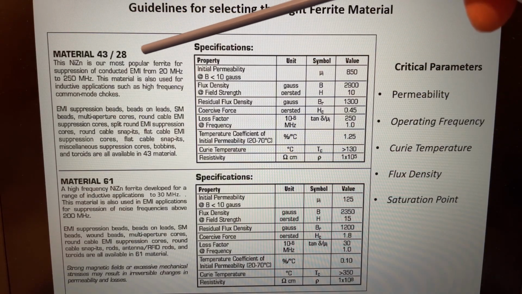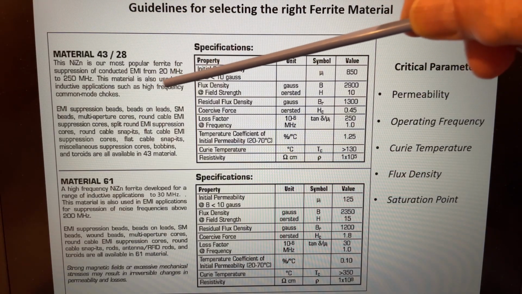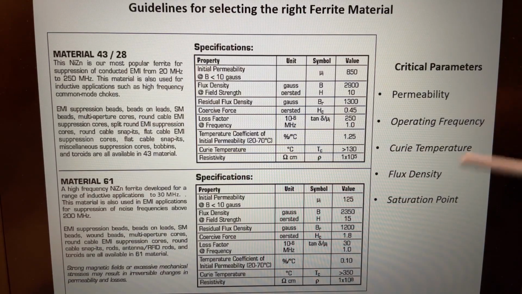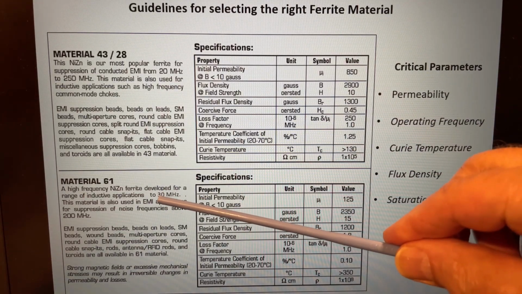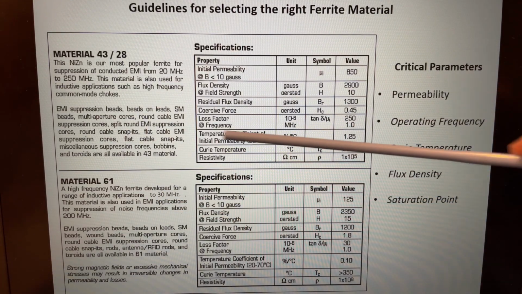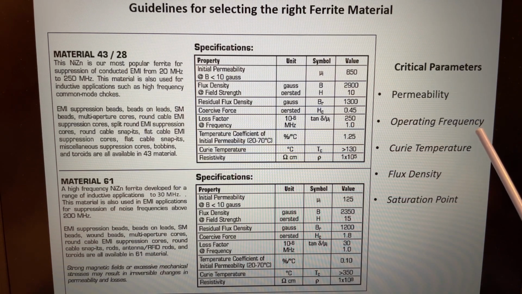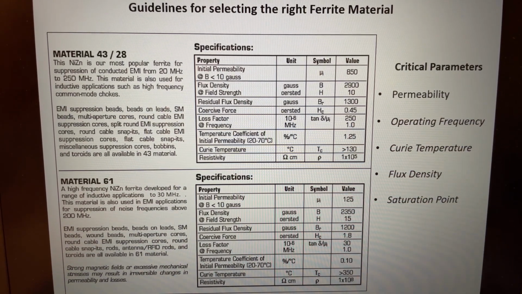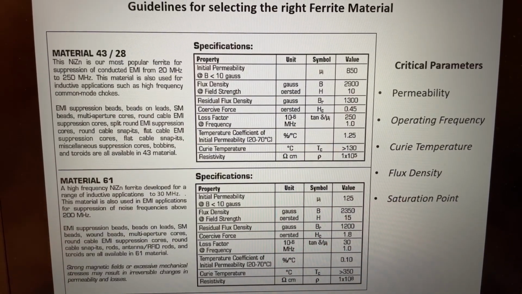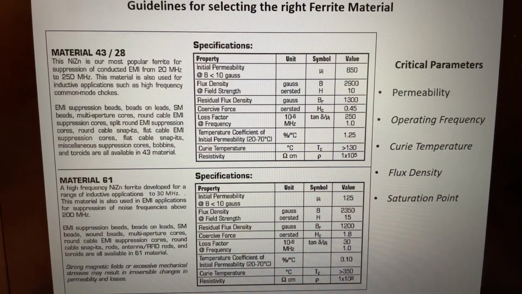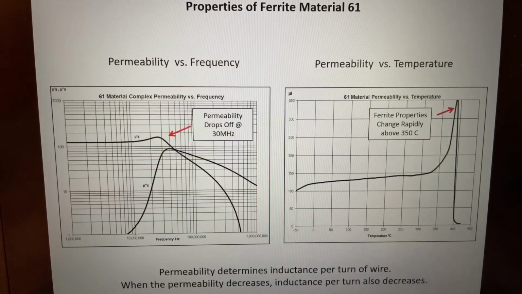So you can see for 43 and 28, it's 20 megahertz to 250, and for 61, it's up to 30 megahertz for inductive applications, and 200 for EMI suppression. So we'll be looking at the operating frequency, the Curie temperature, the flux density, and the saturation point. Those are the most important parameters on these tables and in the data sheets that you'll find.